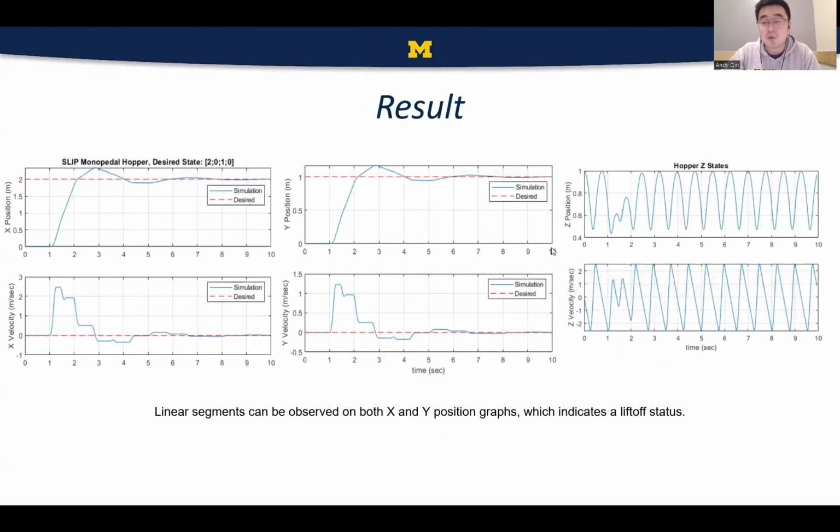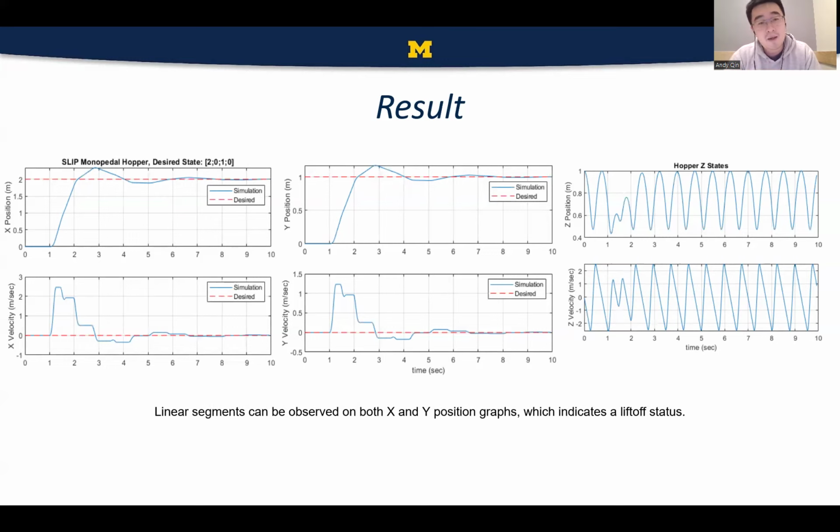And this is my result for a desired state of 2, 0, 1, 0. That is on x, dx, y, and dy. I don't have a desired state for z and dz because the hopper is naturally jumping up and down constantly. So on the z state, you can just see it's hopping.